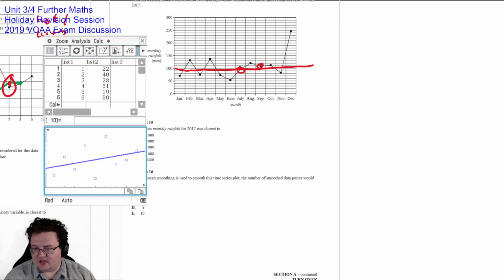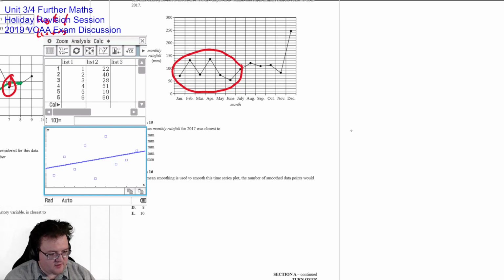Because if I grab 1, 2, 3, 4, 5, 6, 7, so I've got 7 there. And then I grab the next 7, and the next 7, and the next 7, and the next 7. I'm only going to have 6 circles of groups.